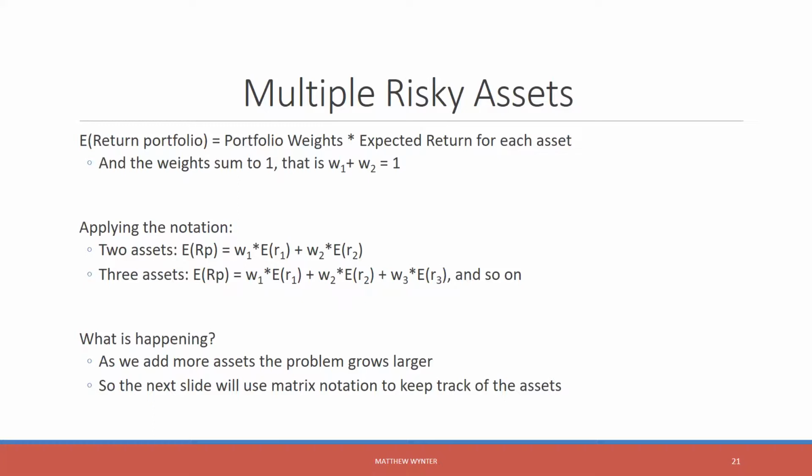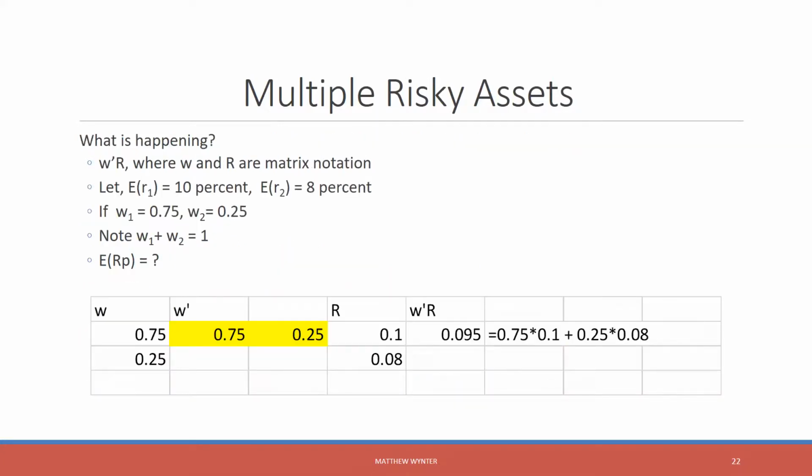You'll see what this actually looks like. With matrix notation, W, our portfolio weights, will be a column, and R, our expected returns for the assets, will also be a column. In order for us to multiply W times R to figure out an average, we're going to have to do something to W.